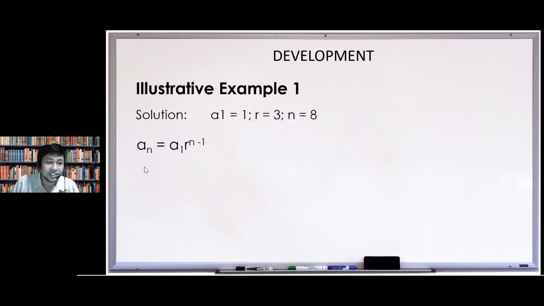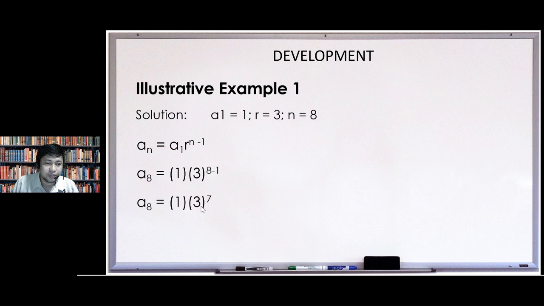Using the formula a sub n is equal to a sub 1 multiplied by the common ratio raised to n minus 1, we can now substitute the value of the first term, the common ratio, and the n. So what is our a sub n? A sub n now will become a sub 8, since we are finding the 8th term. So we have a sub 8 is equal to the first term, which is 1, multiplied by the common ratio raised to the quantity 8 minus 1. Let us simplify first 8 minus 1. Okay?